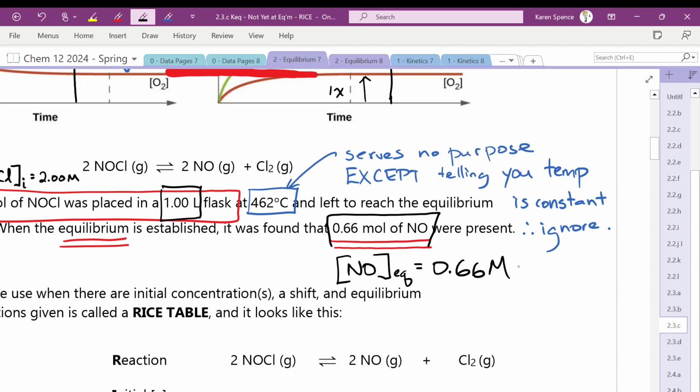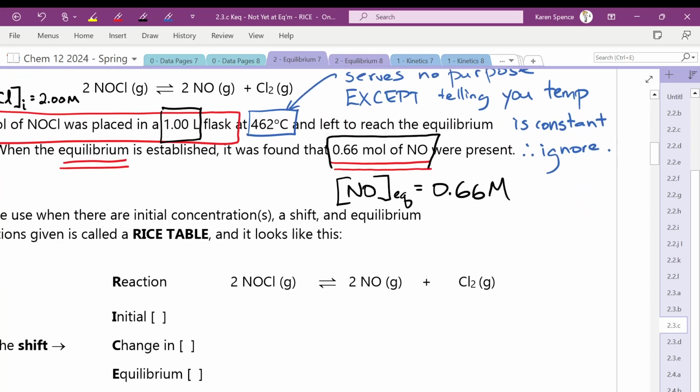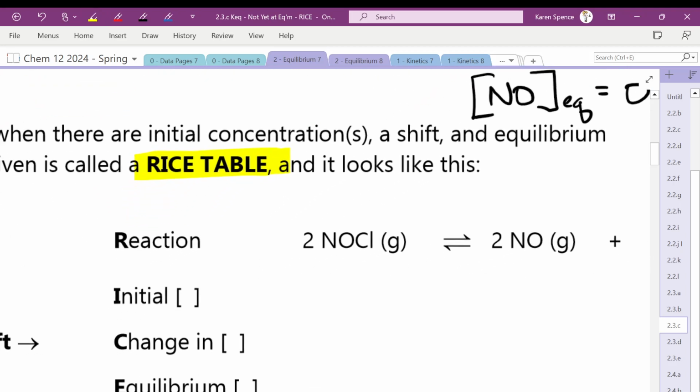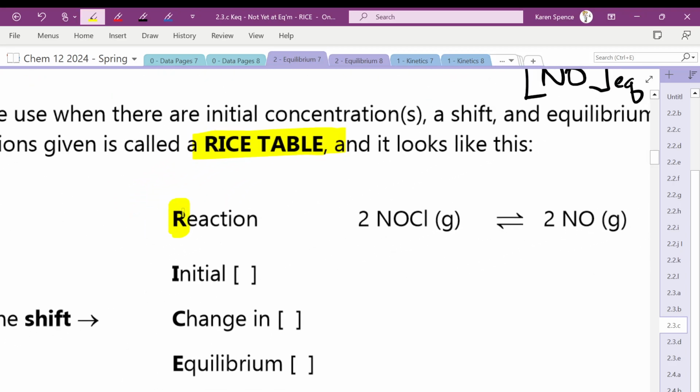And we're going to use a little tool that makes solving these problems really easy to do and really easy for a marker such as myself to follow your work. Okay? And that tool is called a RICE table. R stands for the reaction.